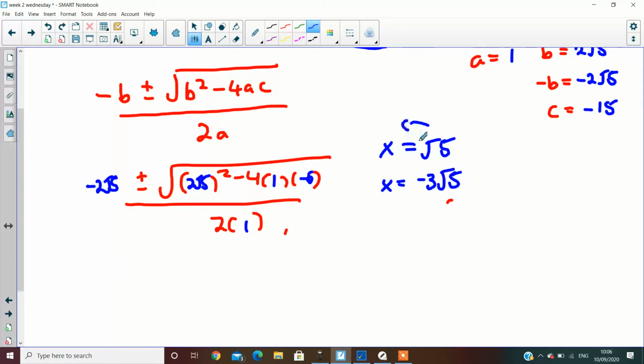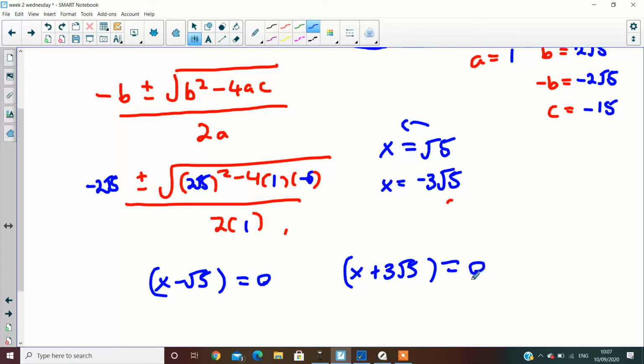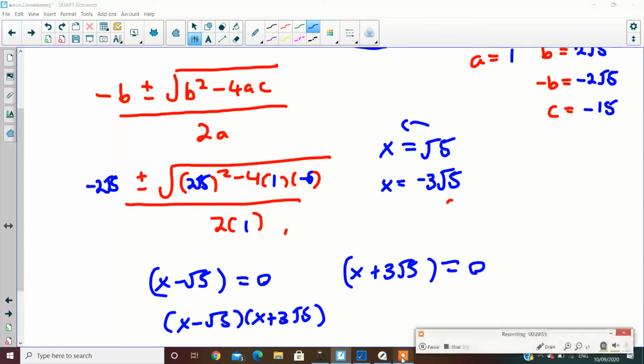Bring them over and you get... And what next? Put both brackets beside each other, and now you have successfully factorized your answer. Is that all right? Okay.